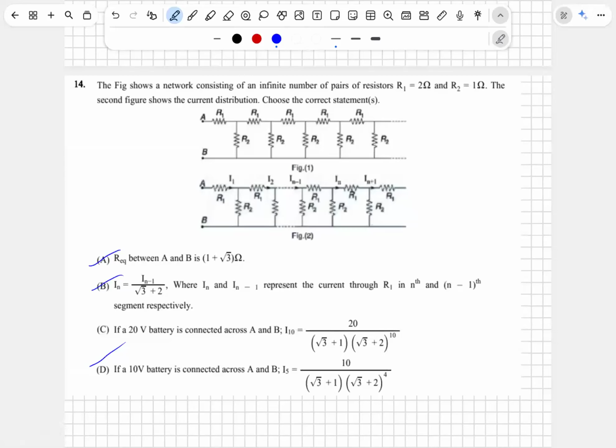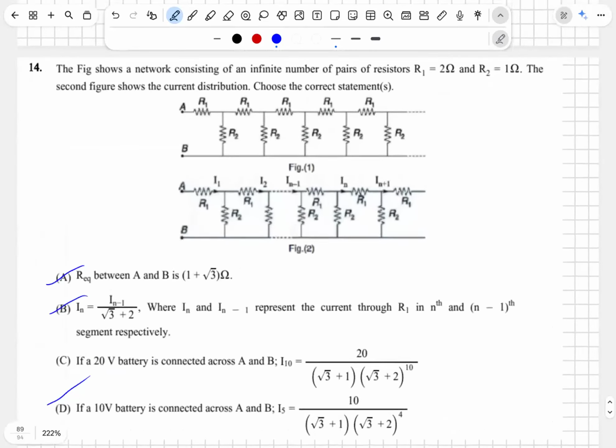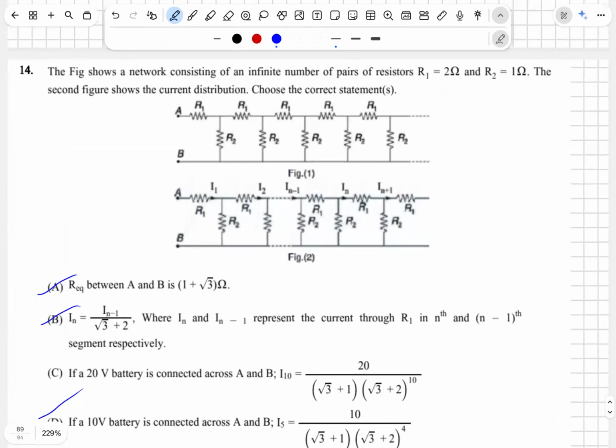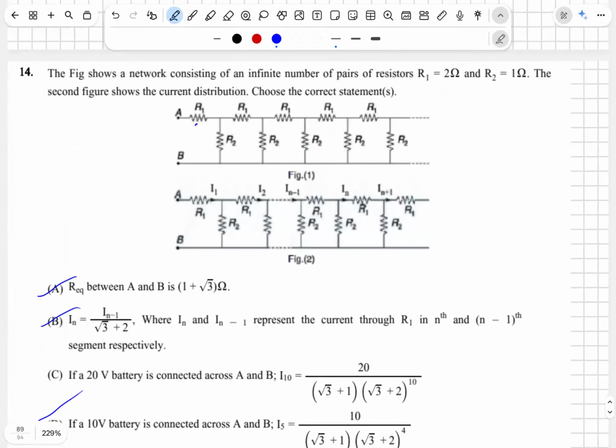It's like 1, 2, 1, 2, 1, likewise. So what is R effective here?